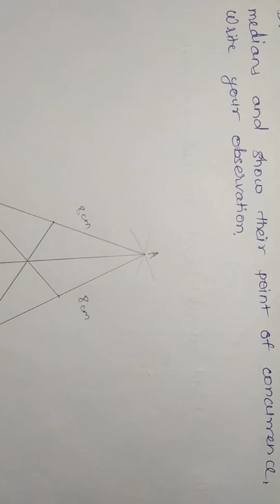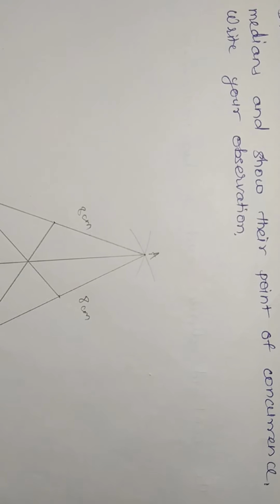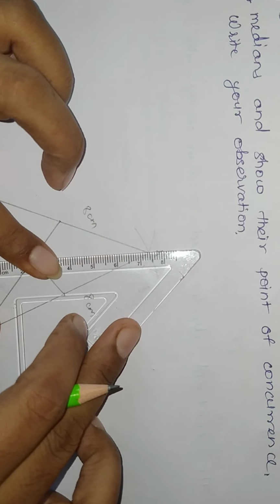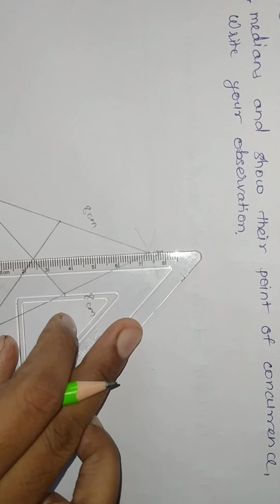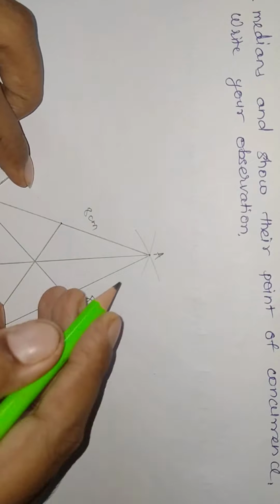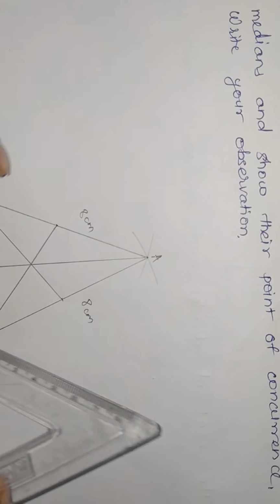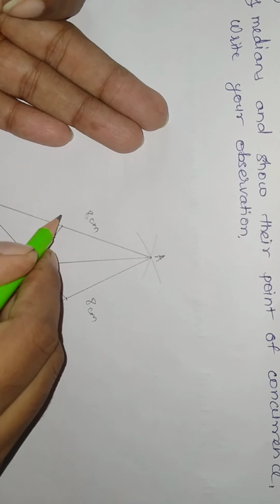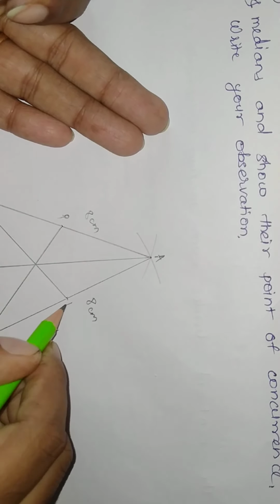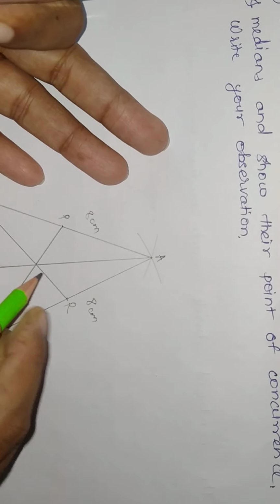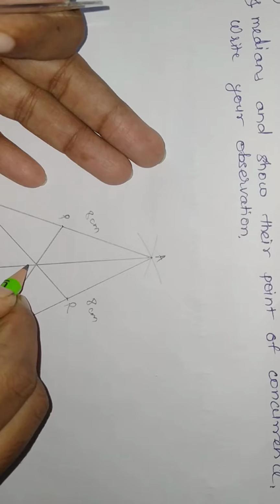Now altitudes by using a set square. See, from point A, this is the bisector of this, so this is perpendicular, so the altitude is the same for this point. Now here we can give some names P, Q, R. Then this is the centroid, you can give the name G.